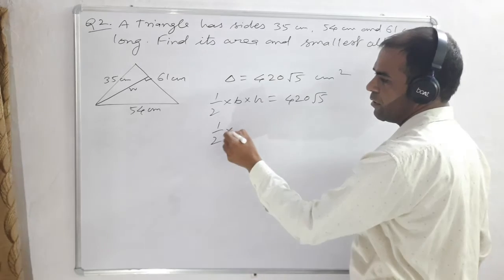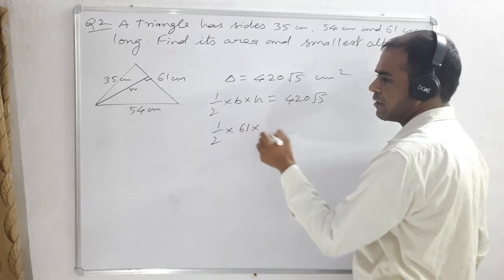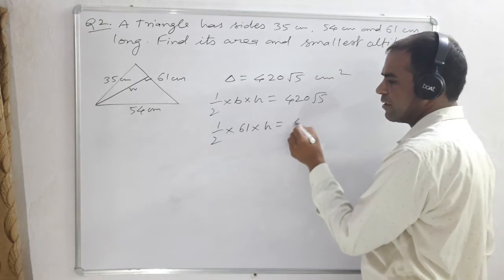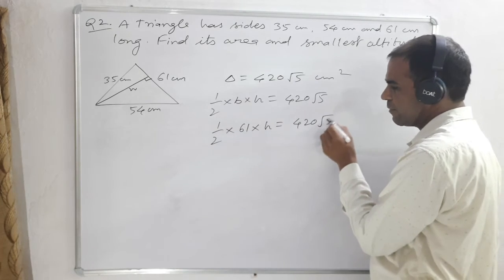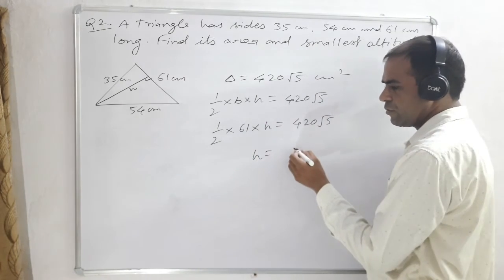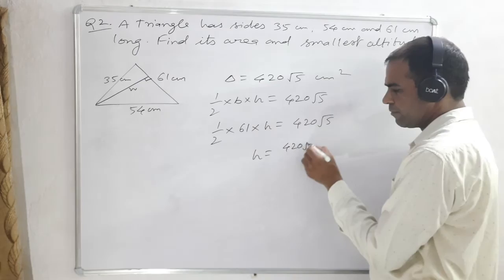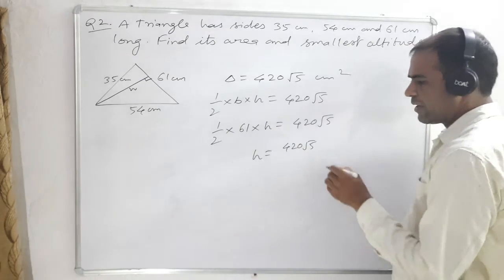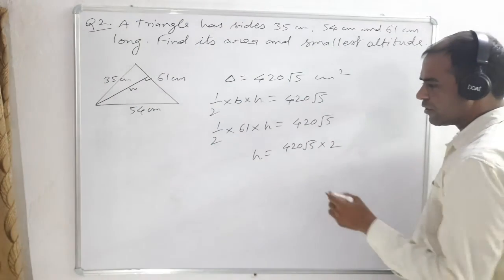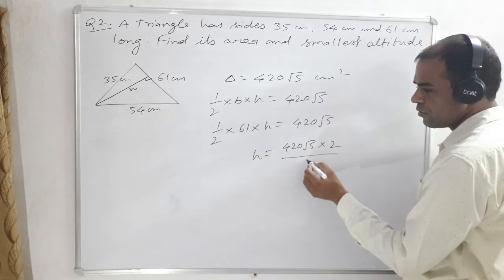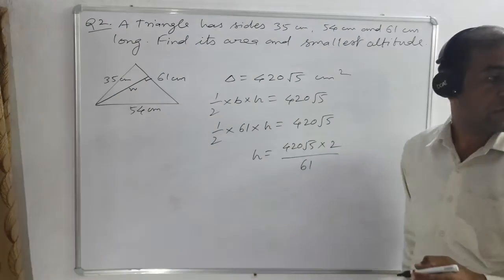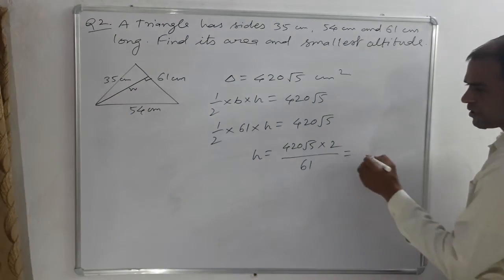So half, here base is 61 and height is h, equal to 420 root 5, and h equal to 420 root 5 into 2 upon 61.